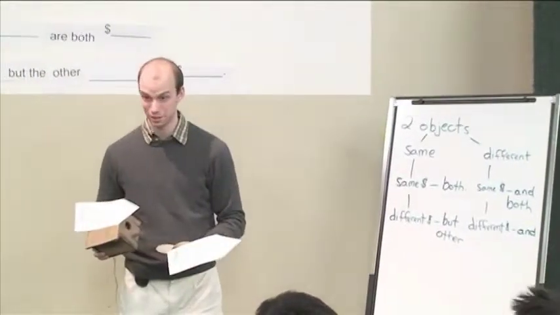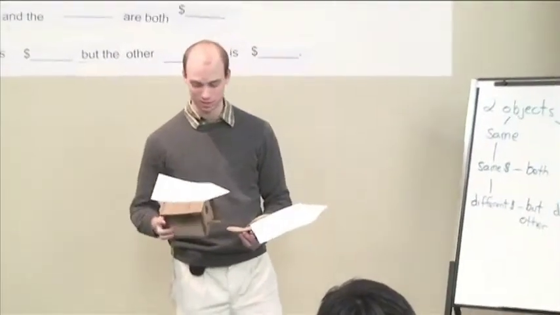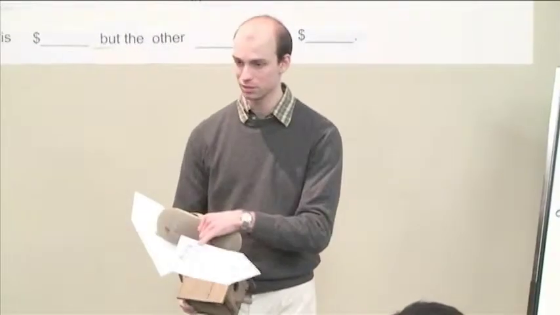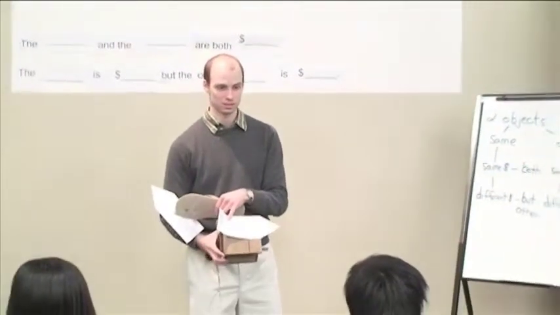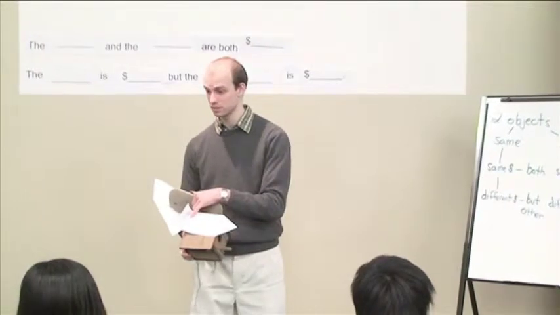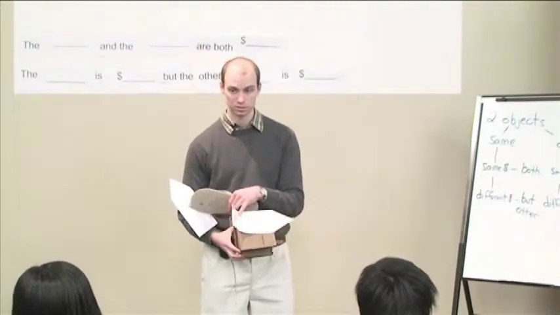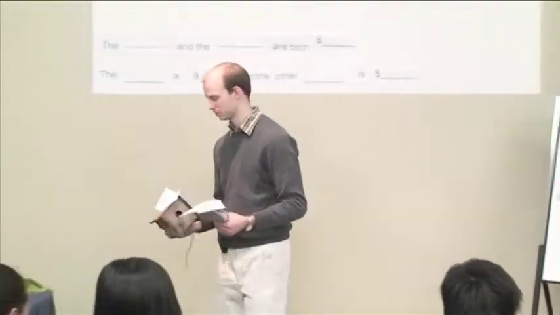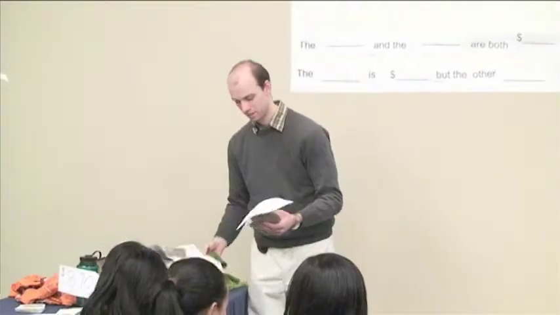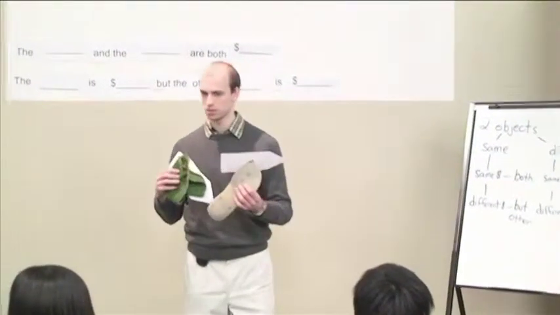So hopefully this will help you a little bit. I know it's kind of confusing. Can someone say this number? What price is this? $1.25. And what's the short form? 125. Good. Okay. Try to make this quick here. Now we have two objects different.